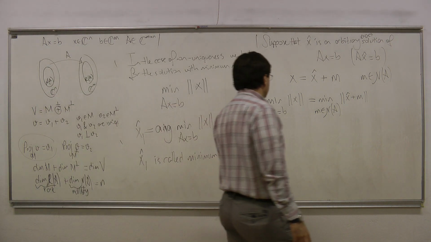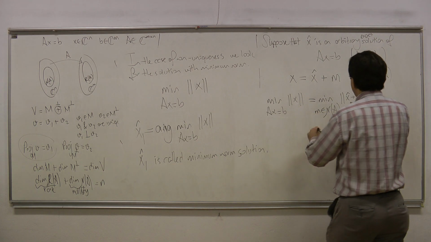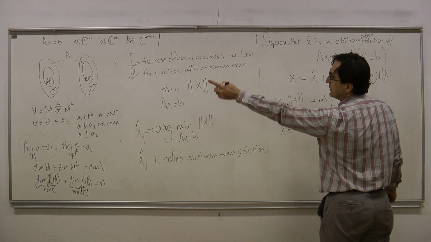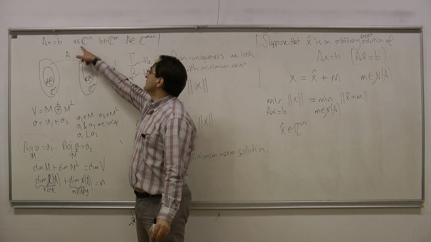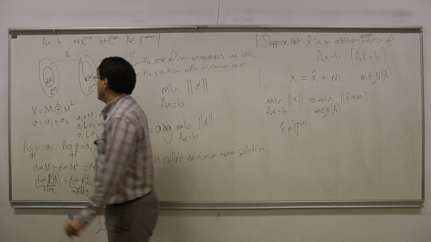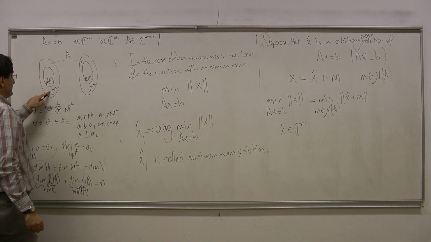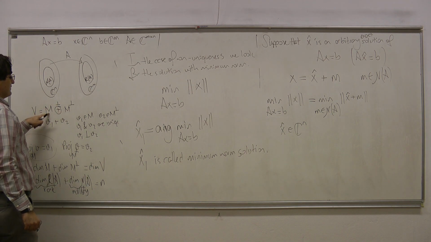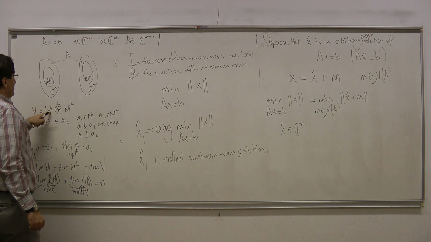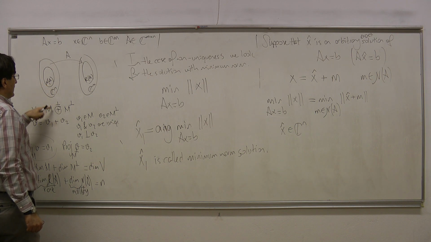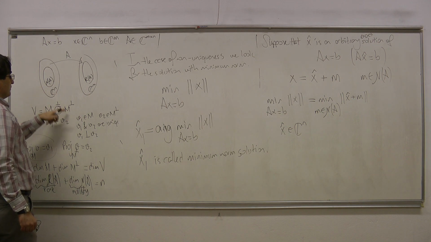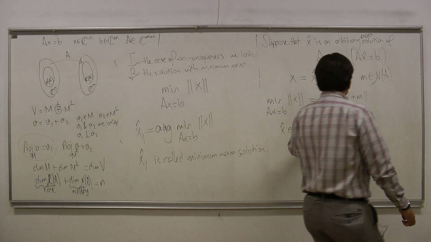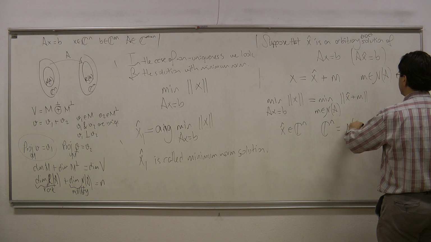So now here is what I'm going to do. x hat is a solution, therefore it is inside Cn, and I know that I can decompose Cn into a subspace and its orthogonal complement.